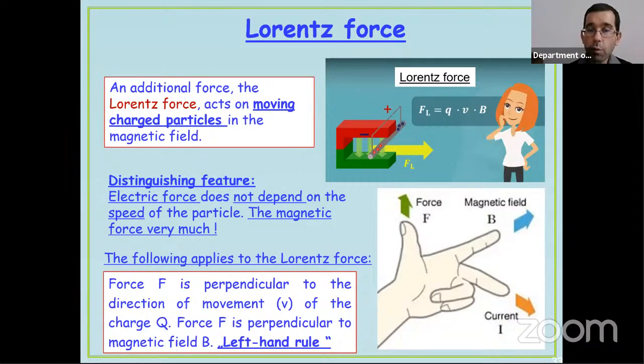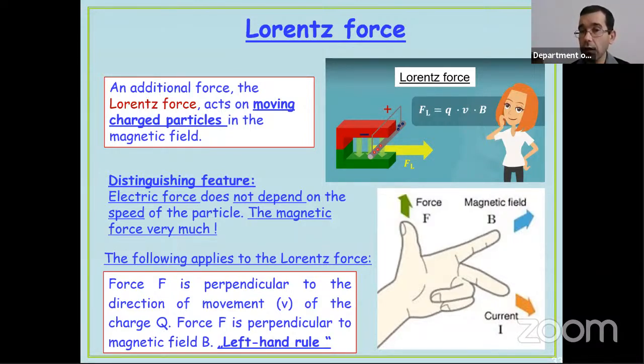What happens if we put an electrically charged object in a magnetic field? Then the so-called Lorentz force, or magnetic force, will act on it. This magnetic force is directly proportional to the charge, to the velocity of the object, and to the magnetic field.